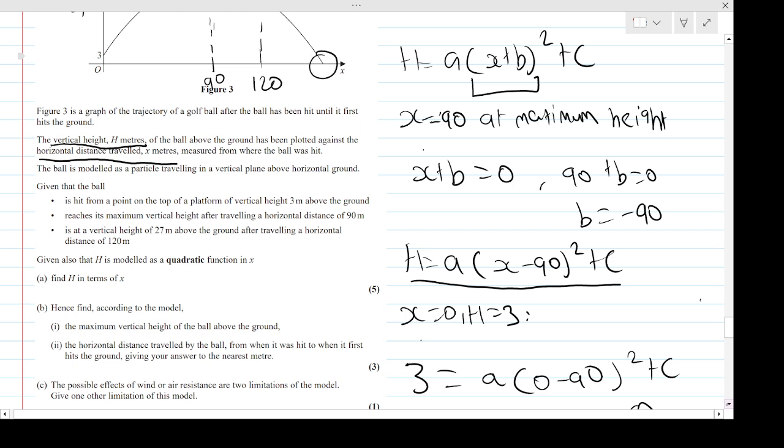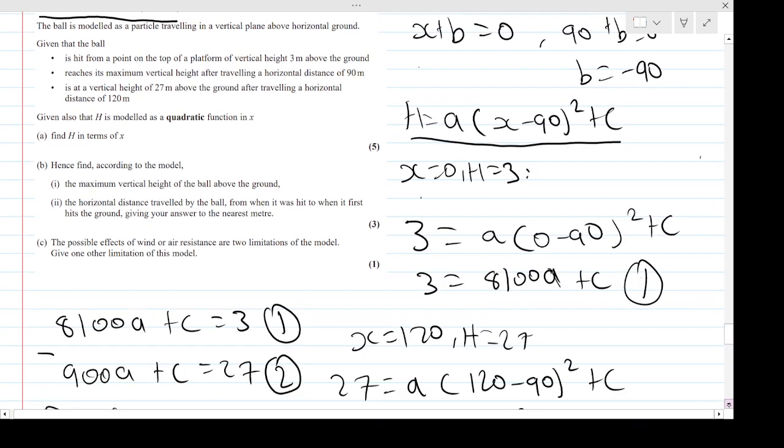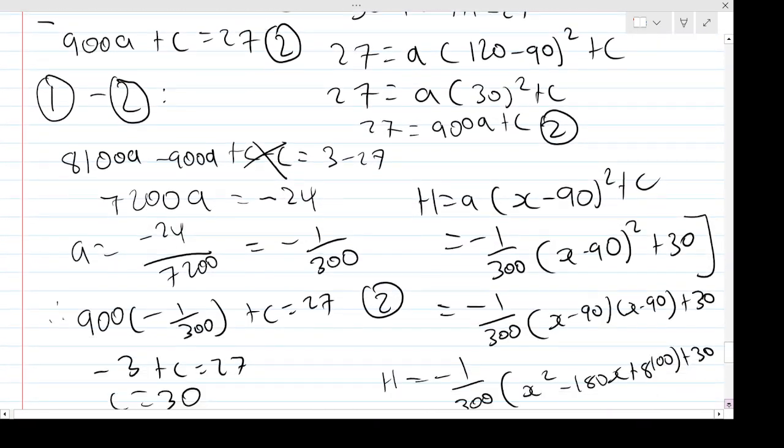So when it hits the ground, it's going to be here, right? And so when it was hit, when it hits the ground, it's going to be basically this distance here. But anyway, let's find when it hits the ground before we do anything else. When it hits the ground, that's going to be the root, right? It's going to be when it crosses the x-axis. Well, that's going to be when the quadratic equals 0, isn't it?